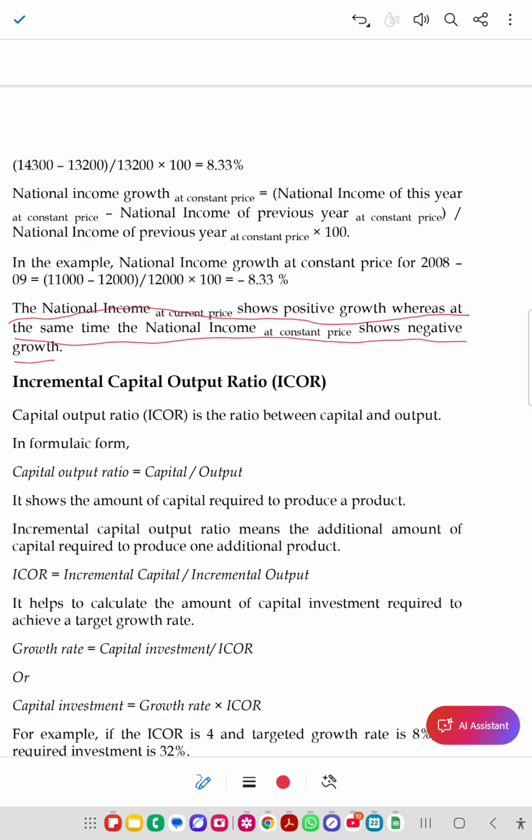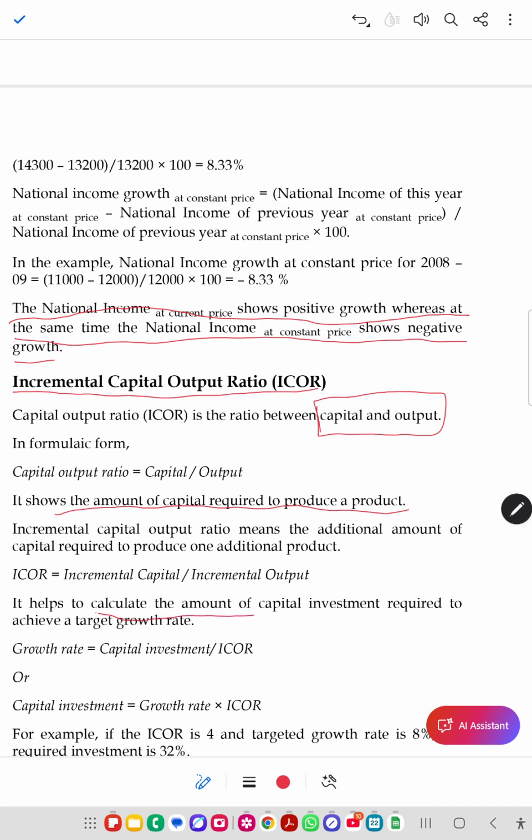Incremental capital output ratio. Capital output ratio is the ratio between capital and output, capital divided by output. It shows the amount of capital required to produce a product. Incremental capital output ratio means the additional amount of capital required to produce one additional unit of output.